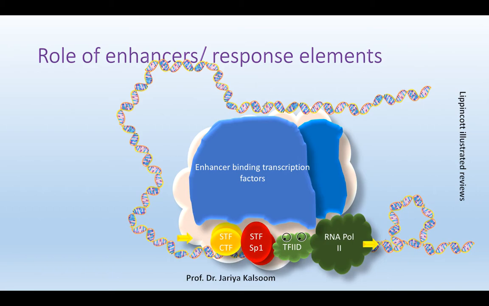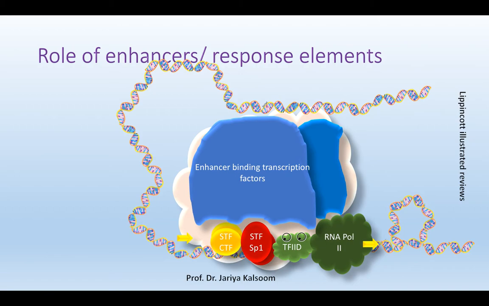These are typically on the same chromosome as the gene whose transcription they stimulate. However, they can be located upstream towards the 5' side or downstream towards the 3' side of the transcription start site. These can be located close to the promoter or may be thousands of base pairs away from the promoter. These may be present on either strand of the DNA.